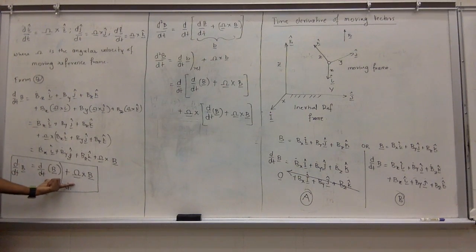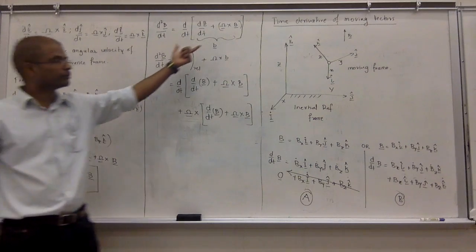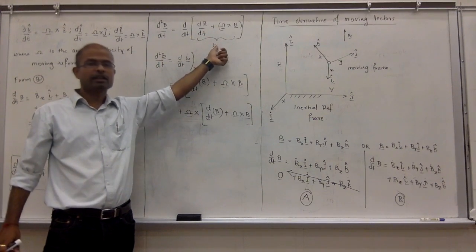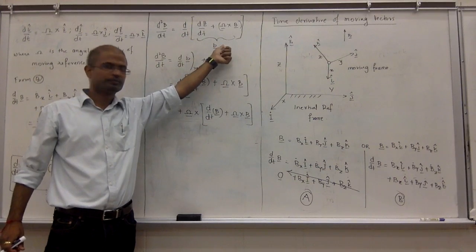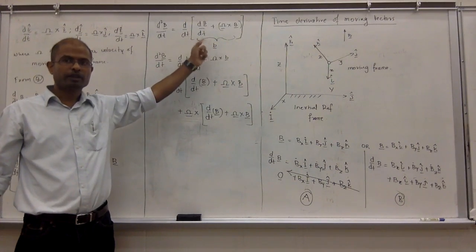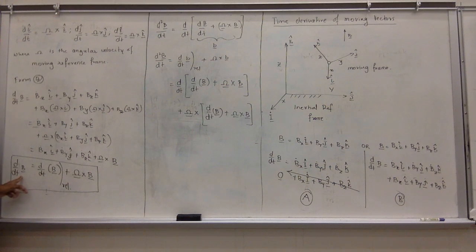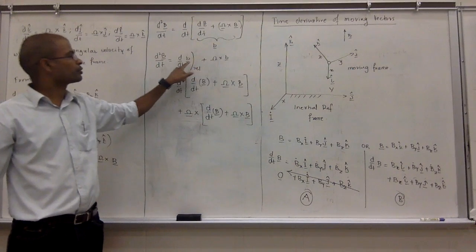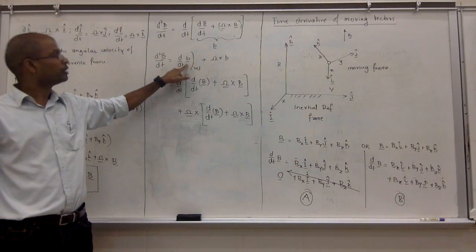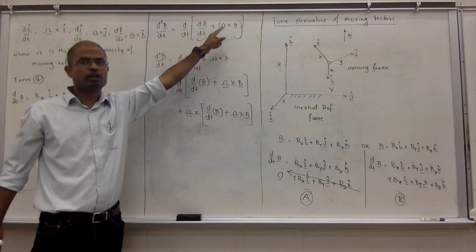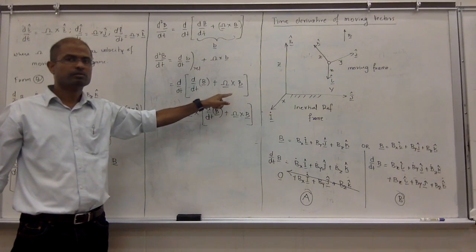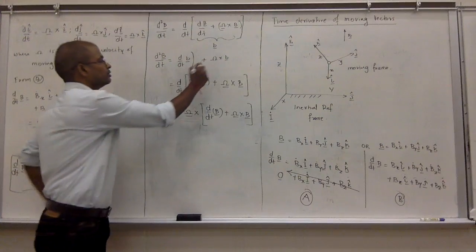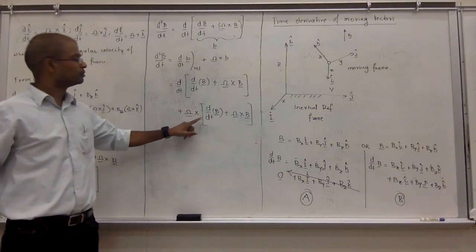So what I did was I just substituted this here. I defined that as just a vector b. Derivative of any vector small b is equal to derivative of small b relative plus omega crossed with small b. I have to substitute for small b. Small b is this plus omega cross b, plus omega crossed with this b.